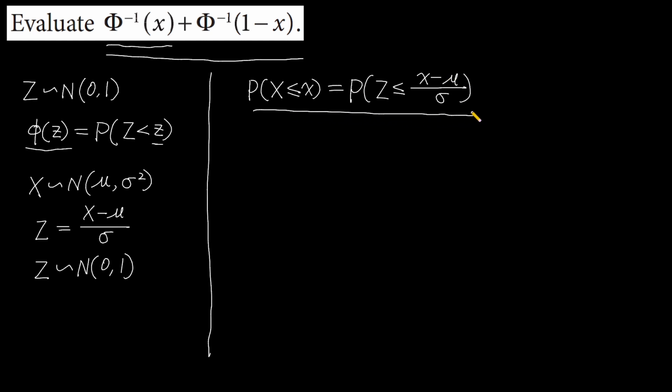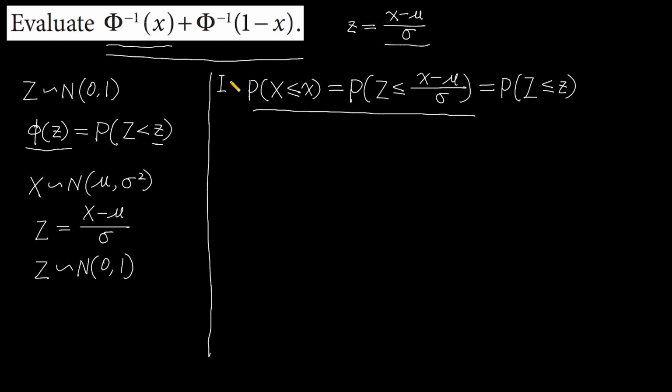If we use the lowercase letter z to represent lowercase x minus mu over the standard deviation, then this equals the probability that the random variable Z is smaller or equal to small z.